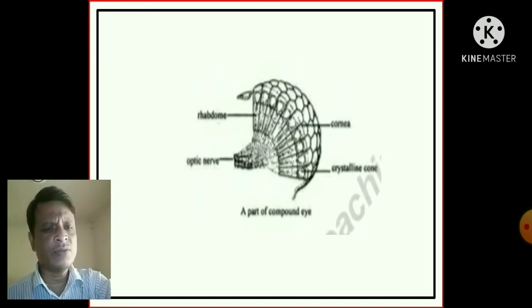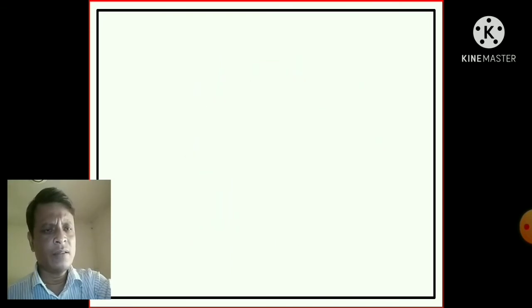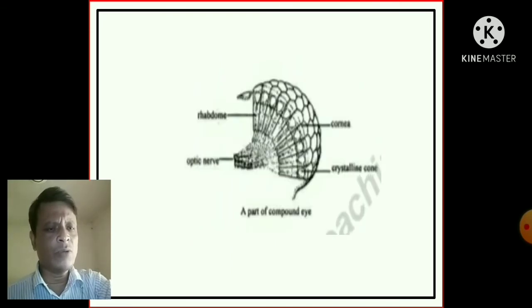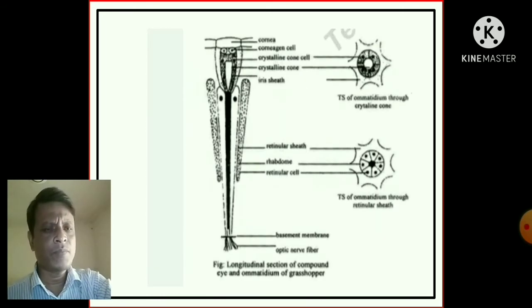You just draw this figure and label all the parts of the compound eye here. And this is the structural and functional unit of the compound eye, that is the ommatidium. Draw this diagram very clearly and label all the parts of the ommatidium very clearly.